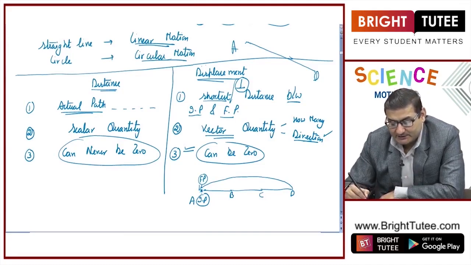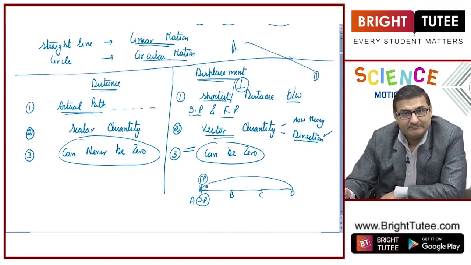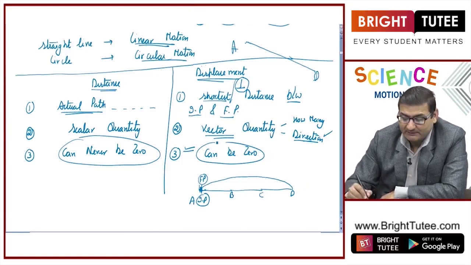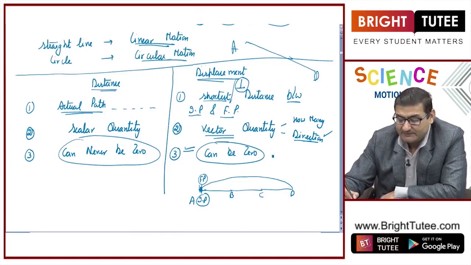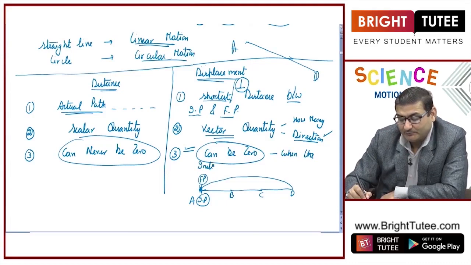Because the initial and final positions are same. Fine. So, I will say that my displacement will be 0, and when will this happen? Displacement will be 0 when the initial position and the final position are same.